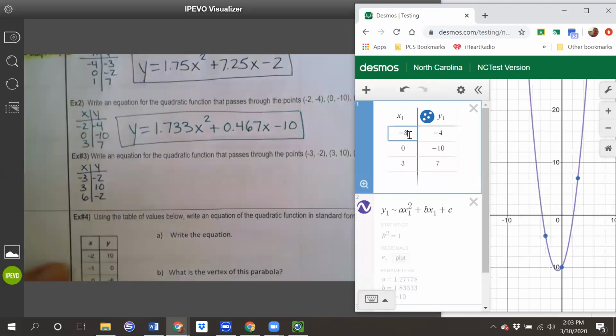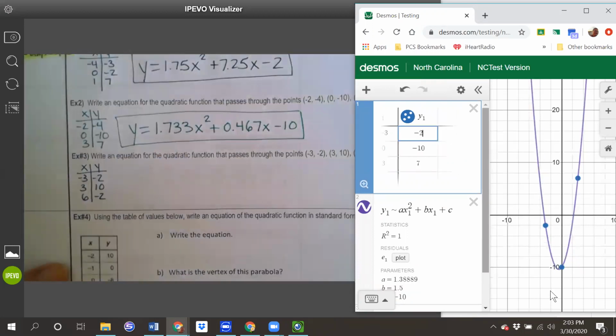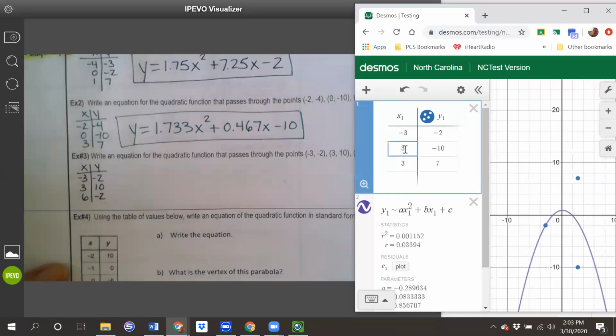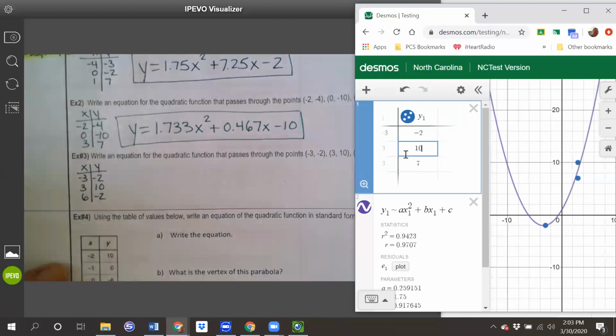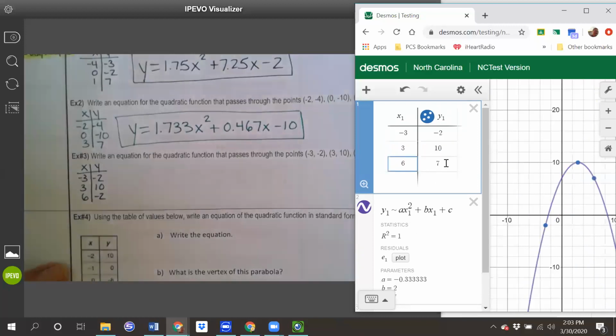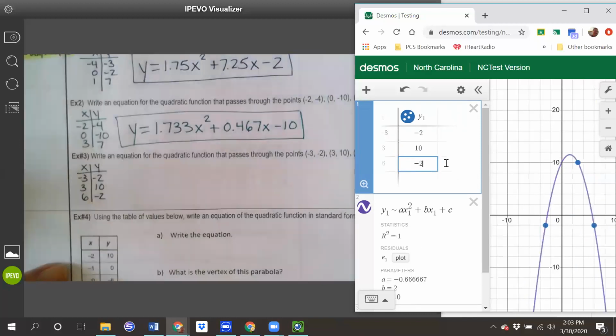So -3, -2, and you can watch them here get manipulated and moved around. It's pretty cool to watch. That's going to be a +3, and that's going to be a +10, and that is going to be a +6, and this one is going to be a -2.